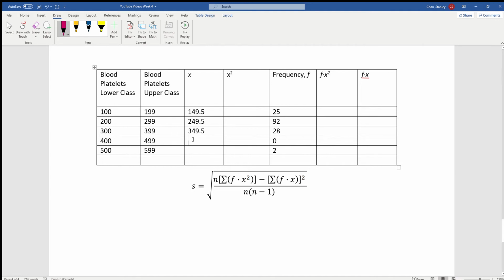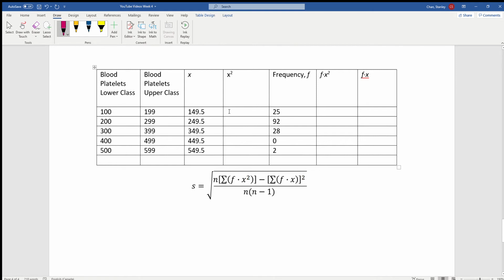The next one is 400 plus 499 divided by 2 equals 449.5. The next midpoint, I should say, 500 plus 599 equals 1099 divided by 2 equals 549.5. So we have our midpoints calculated.